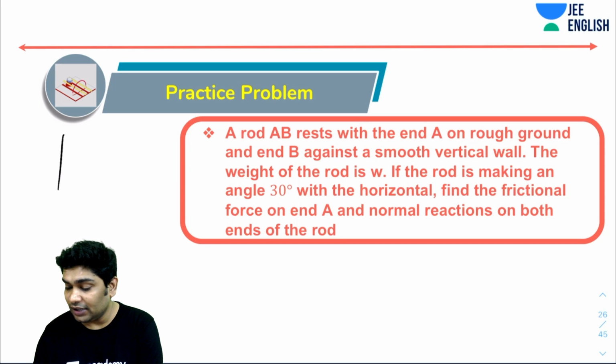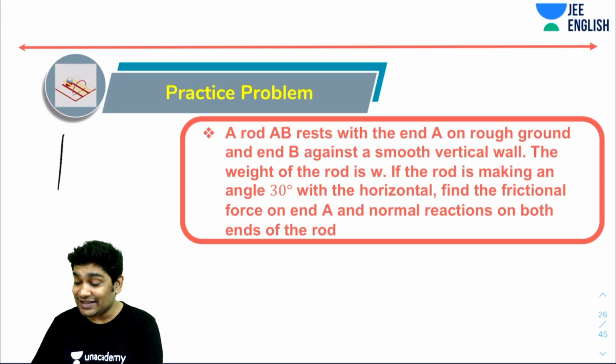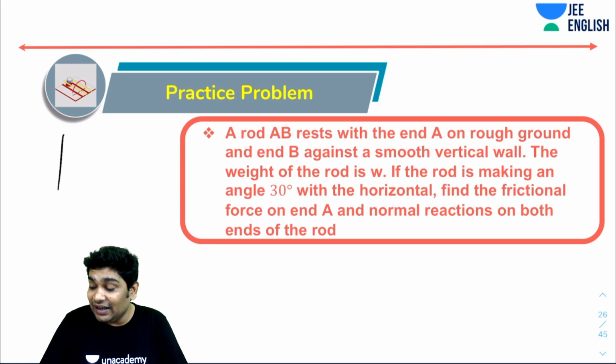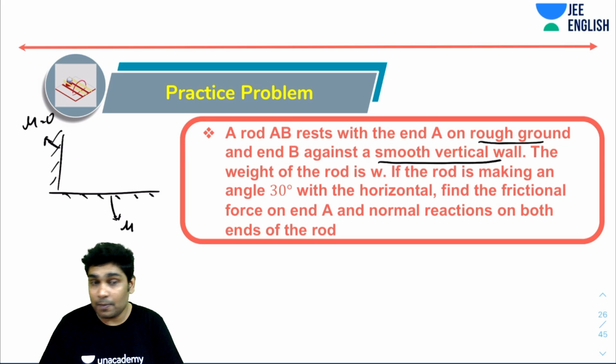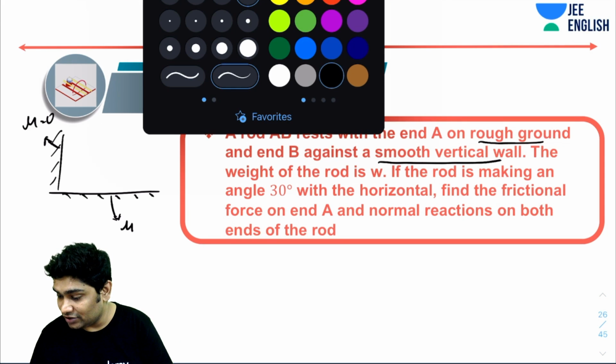It is something like this. You have a smooth vertical wall, so here mu is 0, and then you have a rough horizontal surface, so there is some mu here. You have a rod AB which is resting with its end B against the smooth vertical wall. Let's draw that rod.